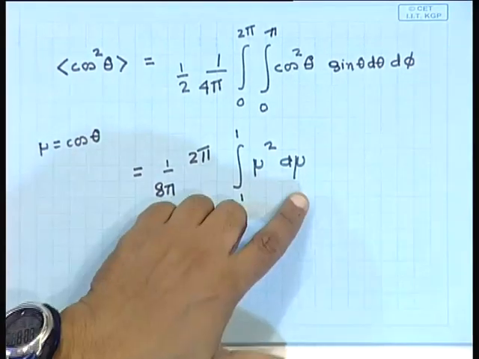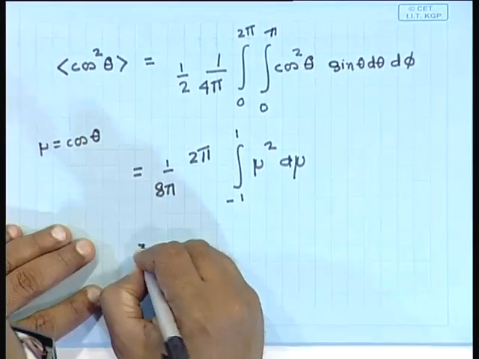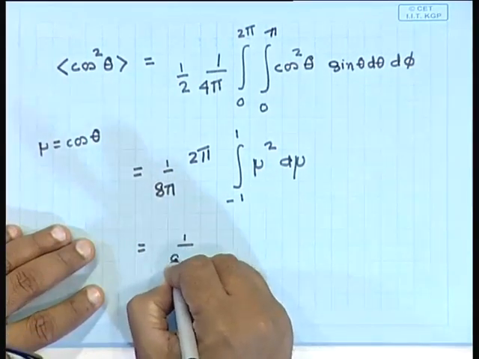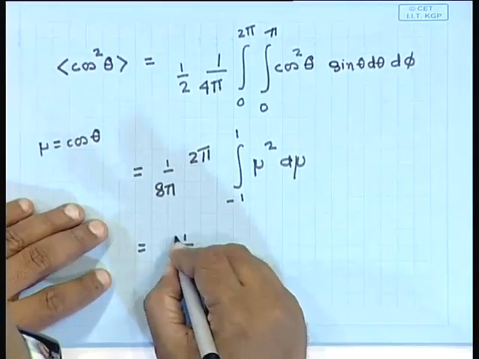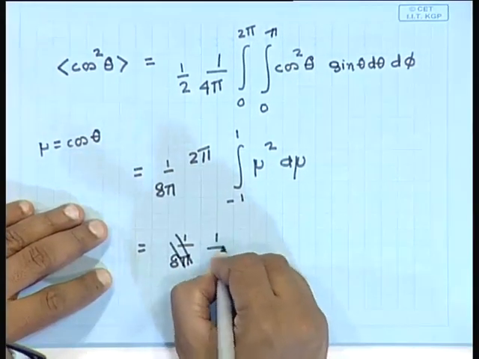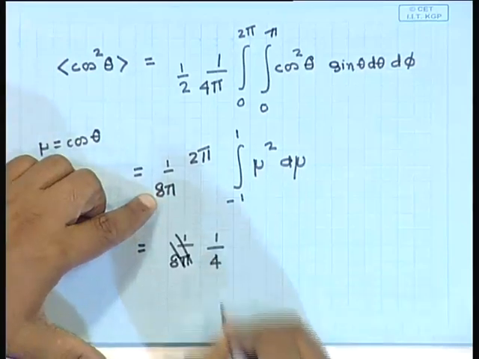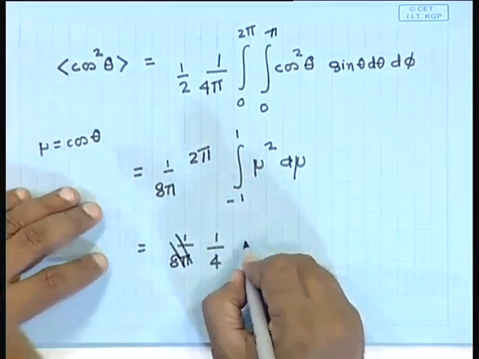Okay. And if I do this integral, what I get finally is 1 by 8 pi and 2 pi. So, basically I did 1 by 4 pi, 1 by 4, and this gives me 2 by 3.